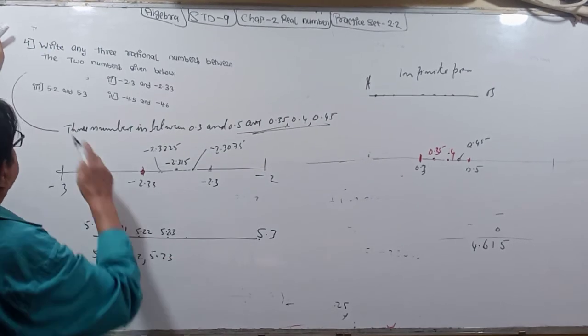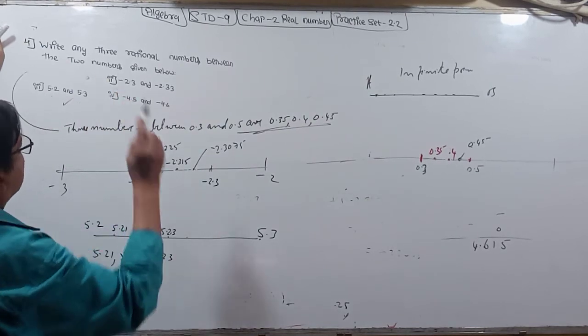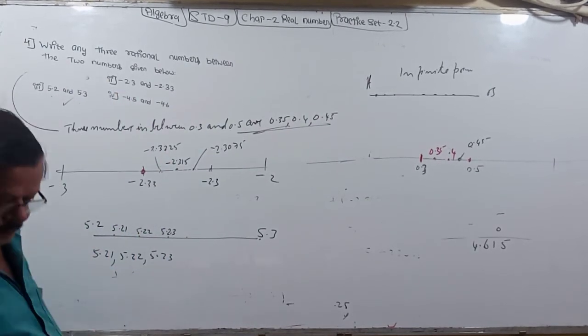Three numbers between 5.2 and 5.3. Now next one.